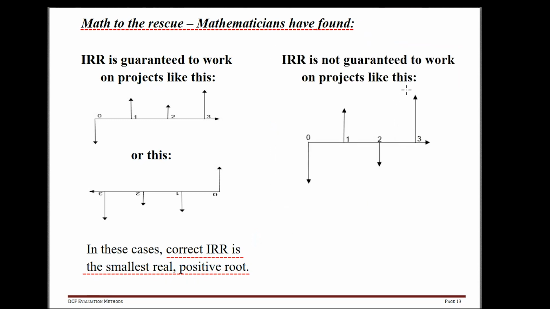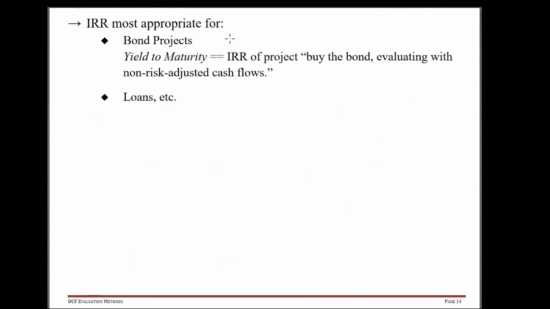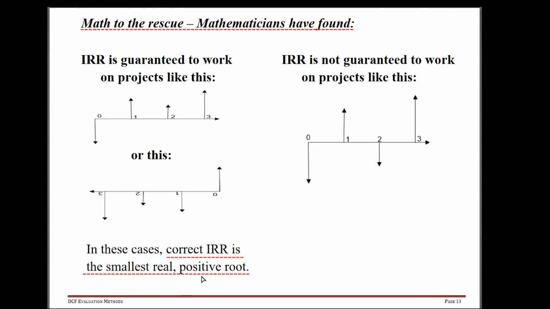The IRR method is not guaranteed to work for projects like this, where you may have a positive or negative cash flow at any old time. So the good news is that projects like bond projects, for example, are perfect for the IRR method because they always look something like this.